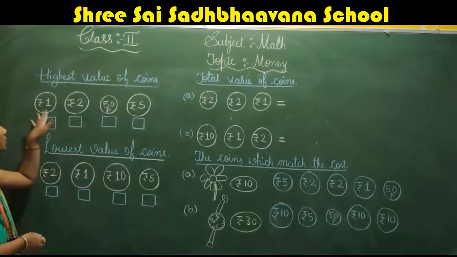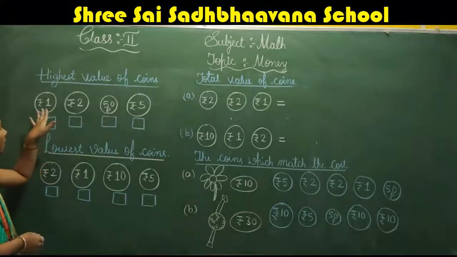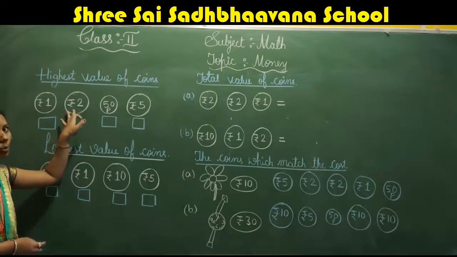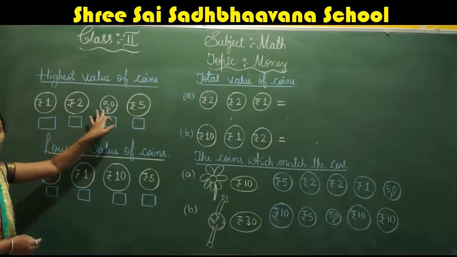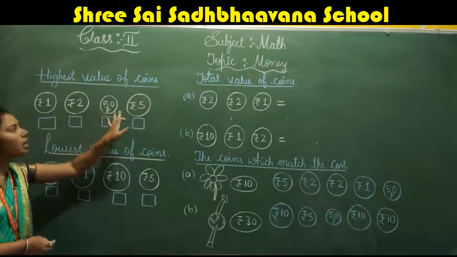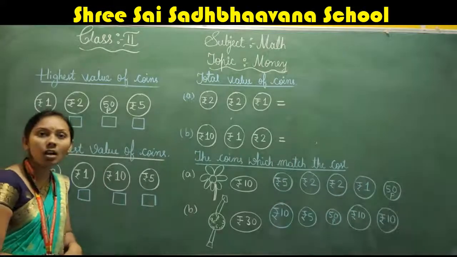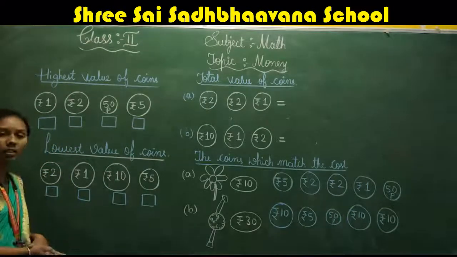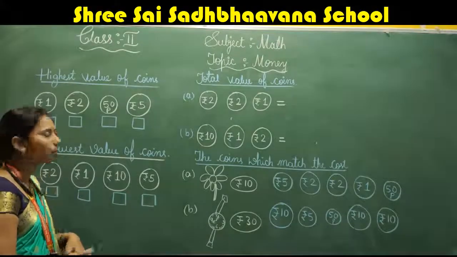Let us see one more time. What are the coins? Here is a 1 rupee coin, and we can see a 2 rupee coin, and a 50 paise coin, and a 5 rupee coin.